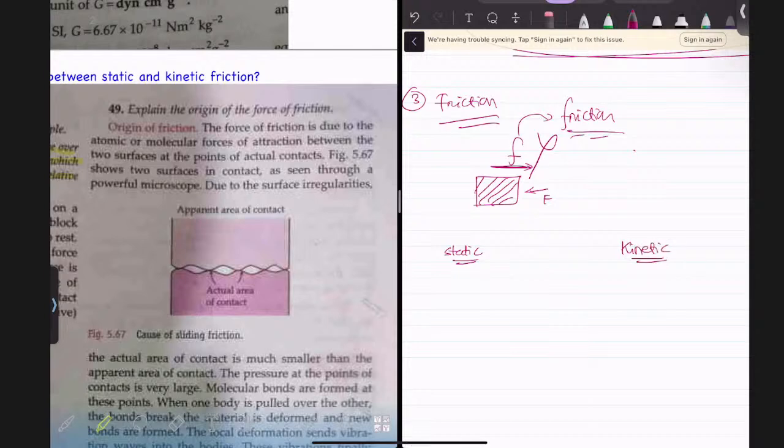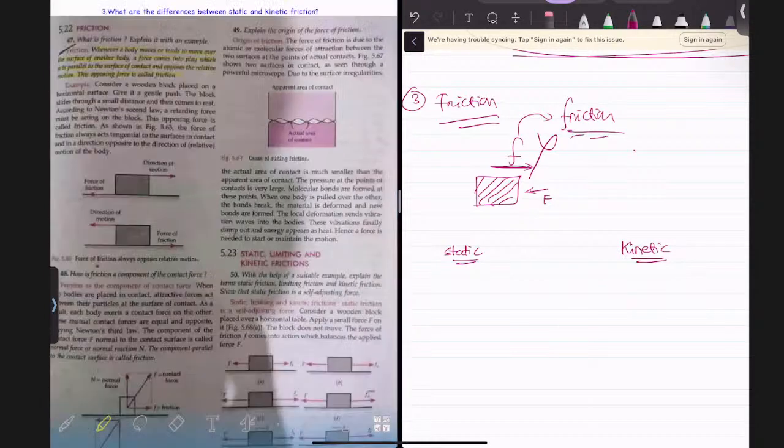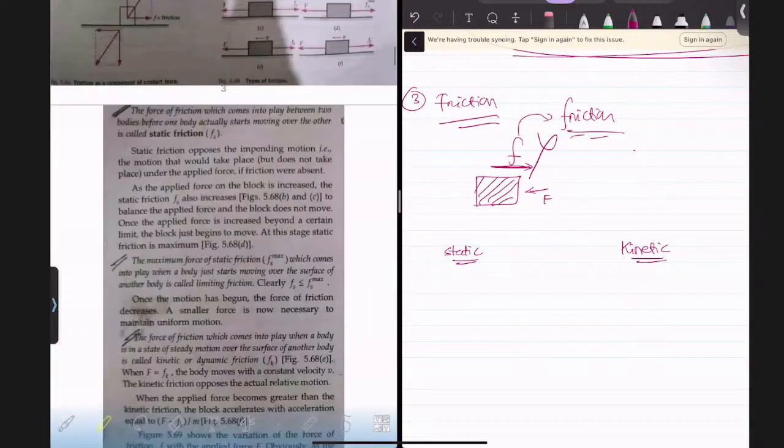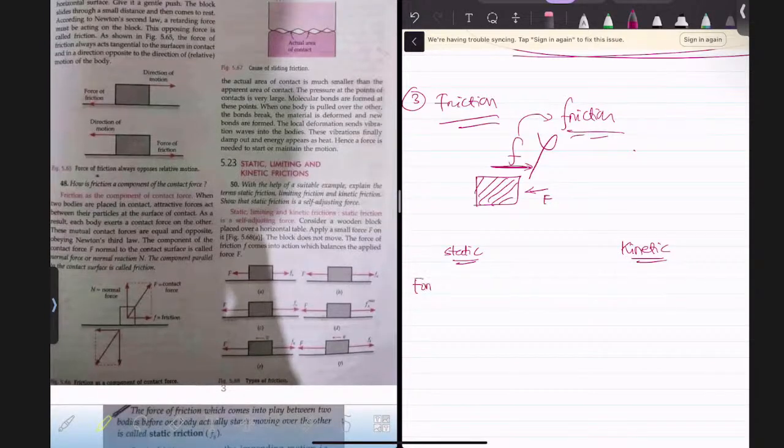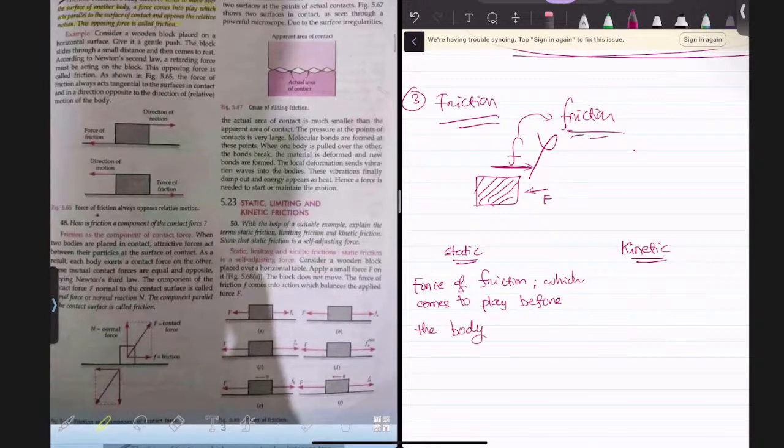So static friction matlab the force of friction which comes into play before the body actually moves. Before the body actually moves.